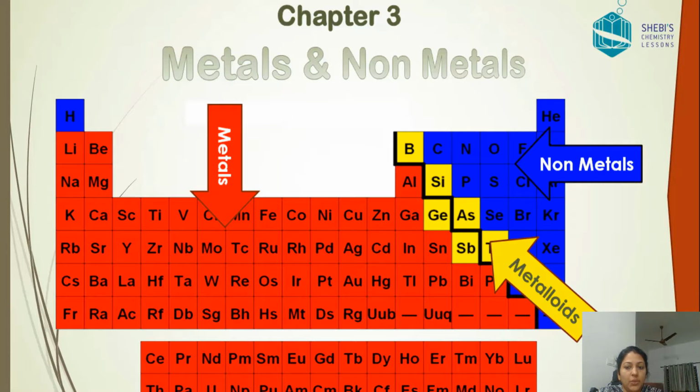Metalloids show at the same time some of the properties of metals and also some of the properties of non-metals. So when you analyze the periodic table, you can see most of the elements are metals. So today we are going to compare the physical properties of metals and non-metals.